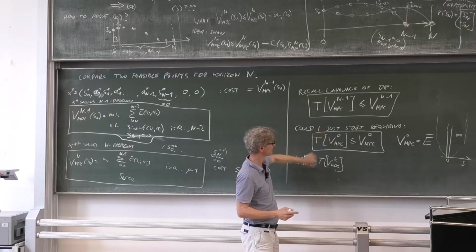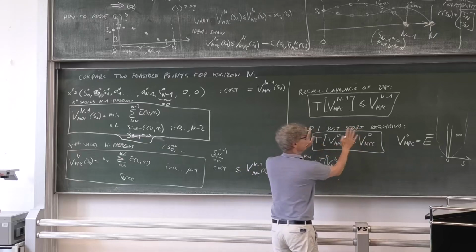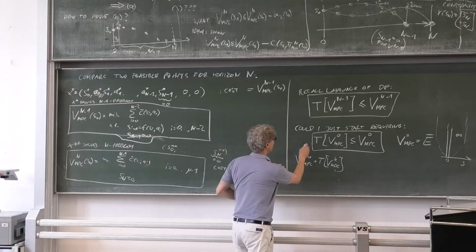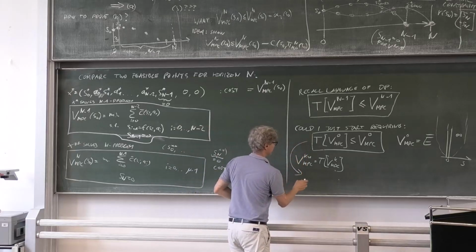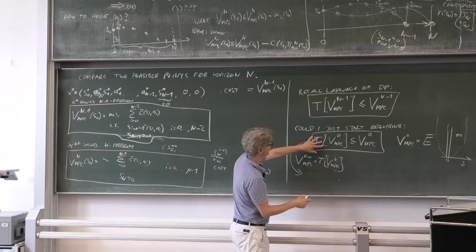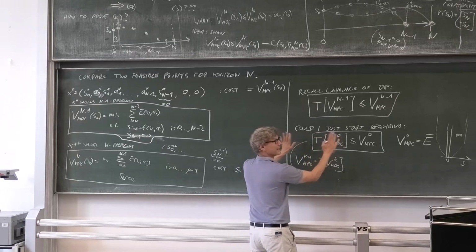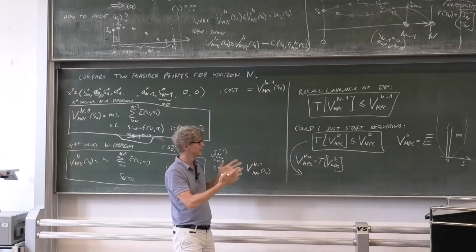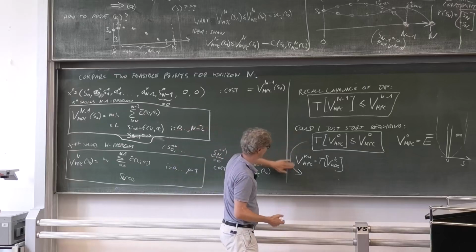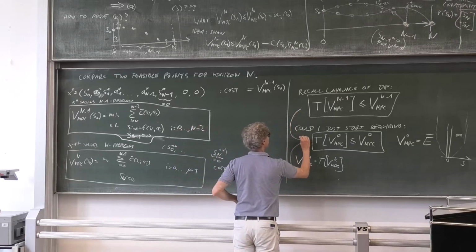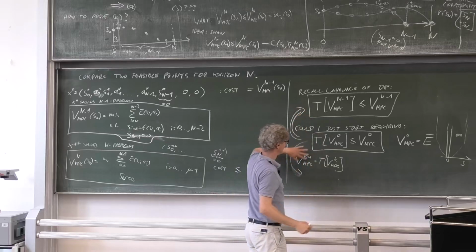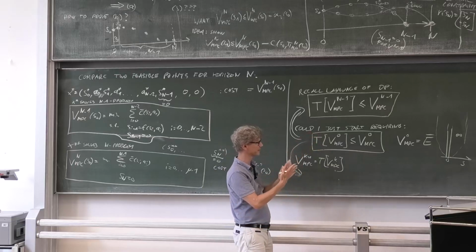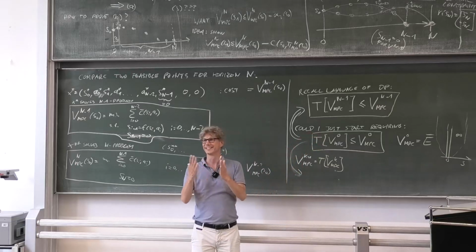Because when you satisfy this, and you apply dynamic programming on both sides, applying T again and again and again, because of monotonicity, this implies that the cost V1 is loosening.